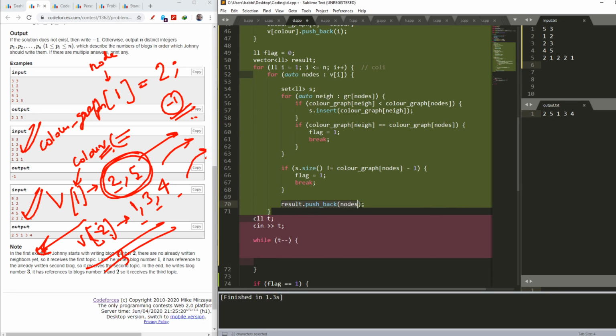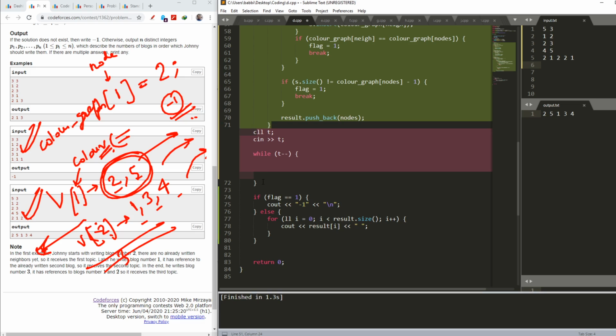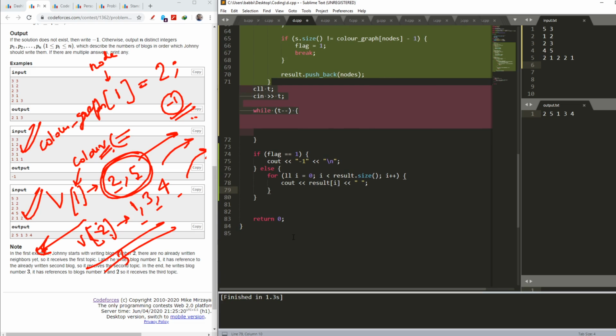For every node I will push it in my result vector, which I made above. Okay, although it is not here, you can ignore it. If my flag is 1, then I will mark my answer as -1, and if it is not, then I will just print the values of result. So at last I will obtain my answer.